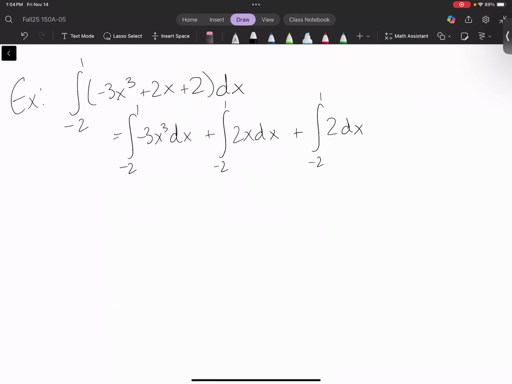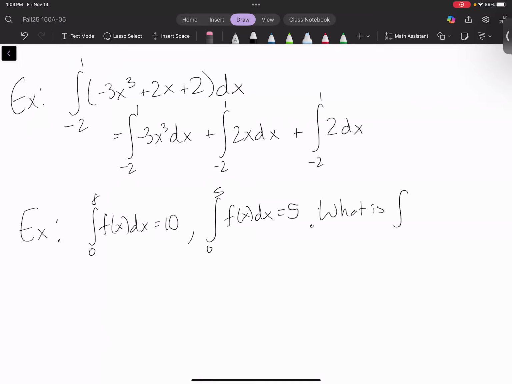Okay. Let's look at something else. Let's say we know the integral from 0 to 8 of f of x dx equals 10, and we know the integral from 0 to 5 of f of x dx equals 5. What is the integral from 5 to 8 of f of x dx?